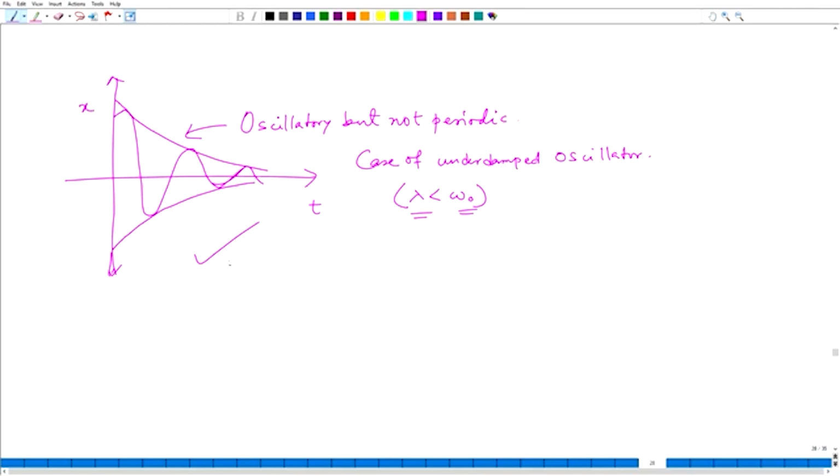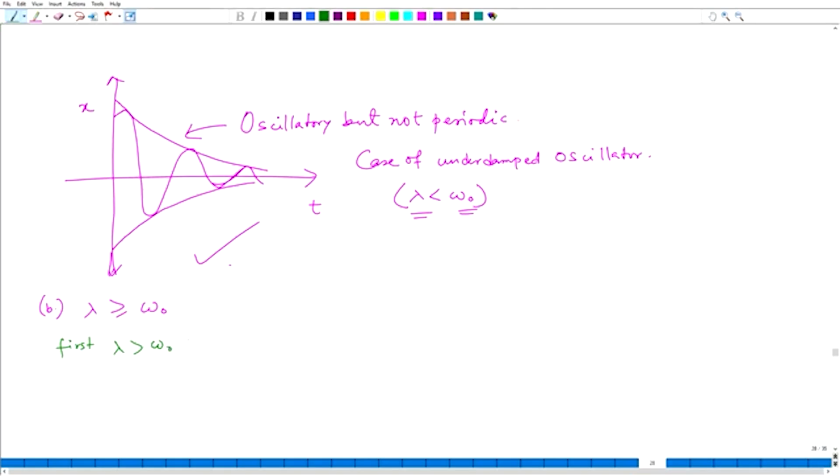What happens when we have lambda greater than or equal to omega 0? So, I first take the case of lambda greater than omega 0.